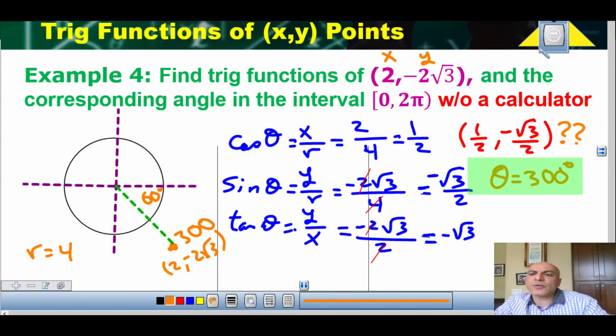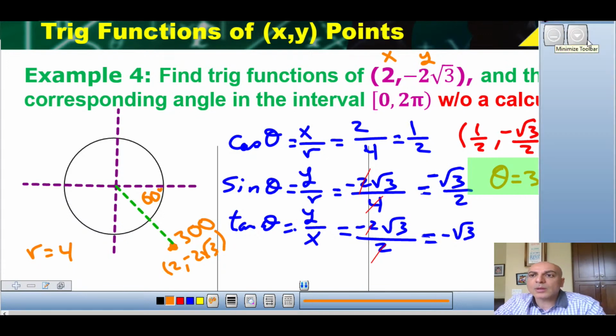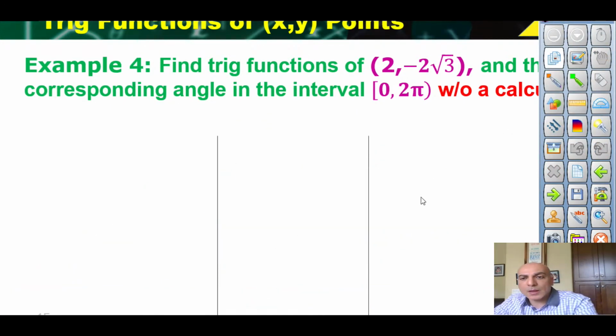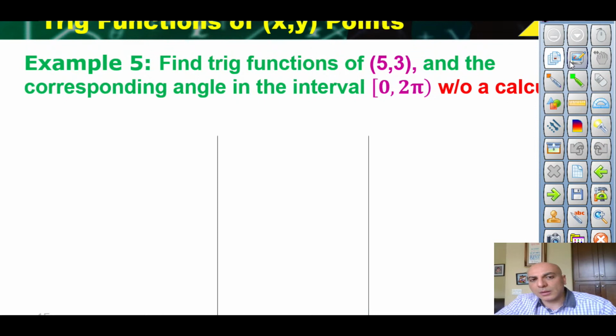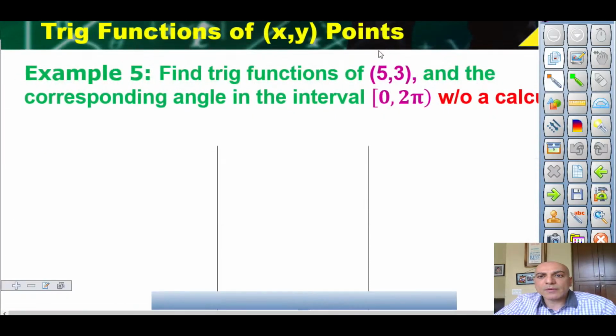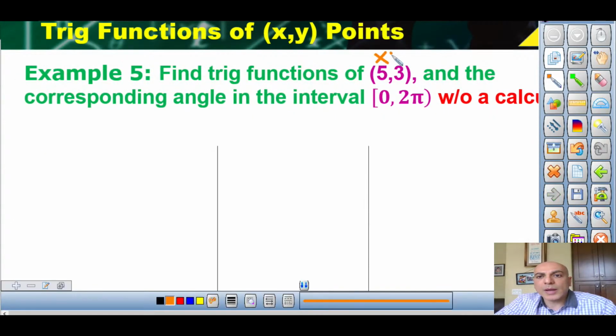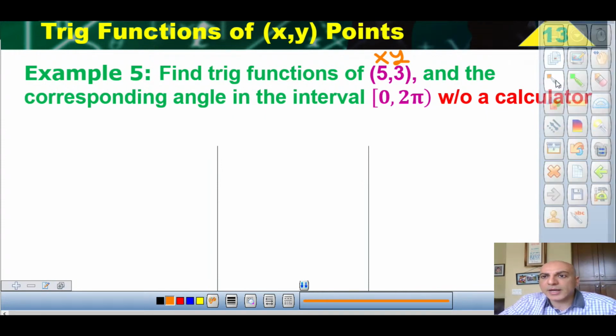What happens if we have a weird looking angle? No problem. I'm going to close with this one. Oh my gosh, what is this? Well, we'll just find out. This is x is 5, and y is 3, and we're asked to find the trig functions again: cosine, sine, and tangent.